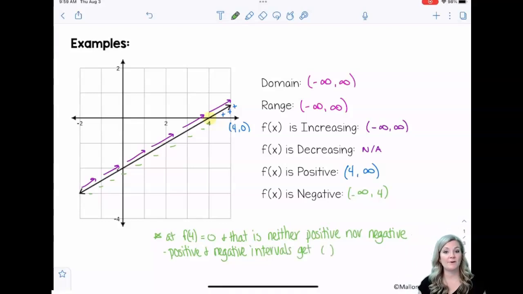Usually, your positives and your negatives are going to include parentheses and not brackets. Now, I say usually because it's not an always, okay? So I would say most of the time your intervals are going to get parentheses and not brackets there. There are cases where it is different, and we might see those.